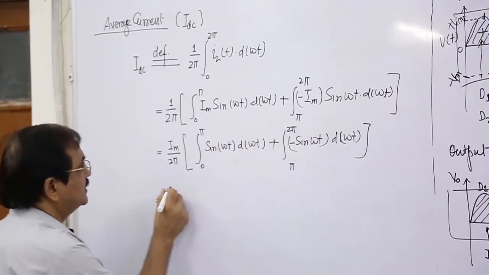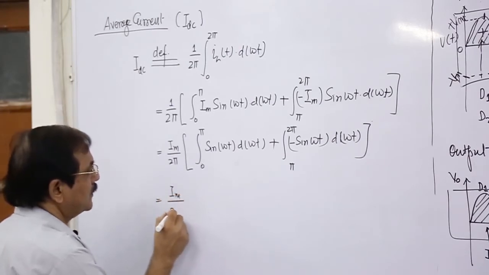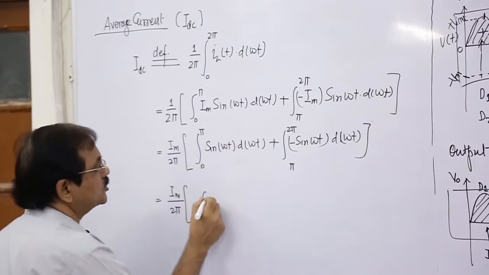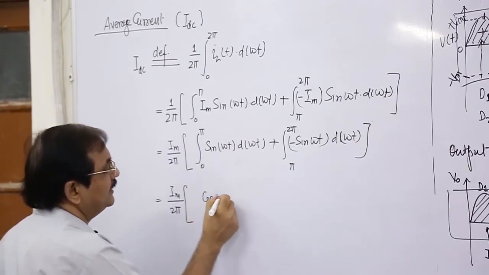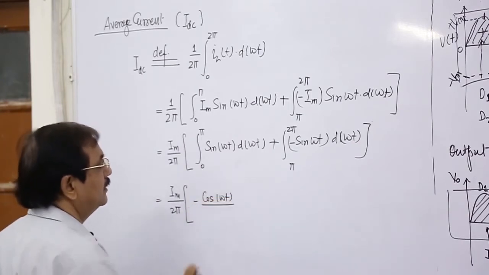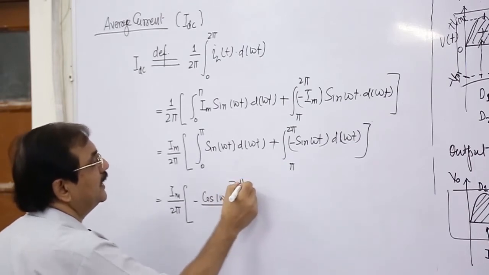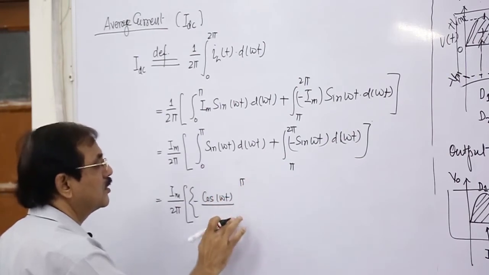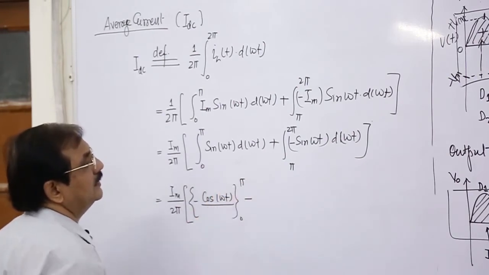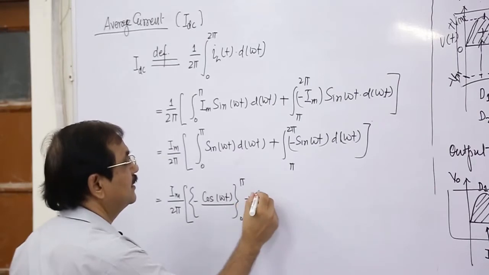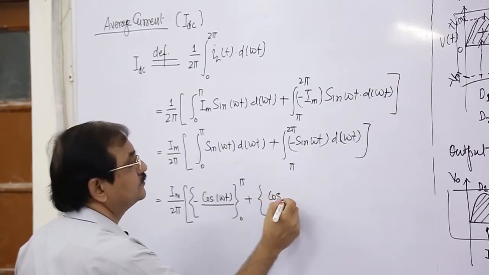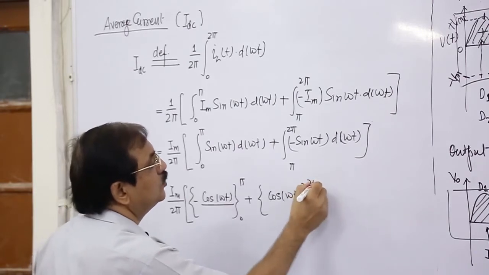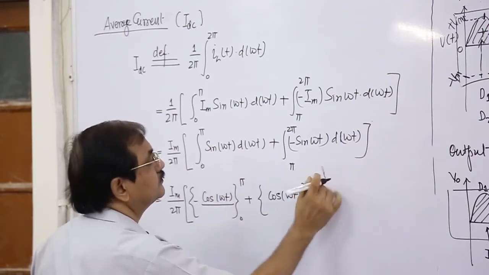This is Im upon 2 pi times minus cos omega t from 0 to pi, and plus cos omega t from pi to 2 pi.